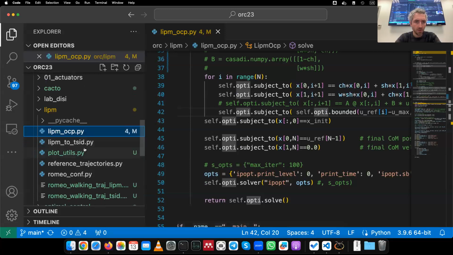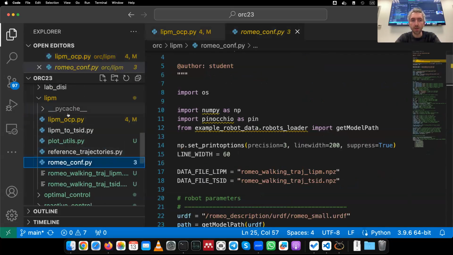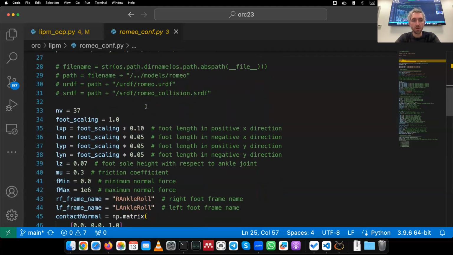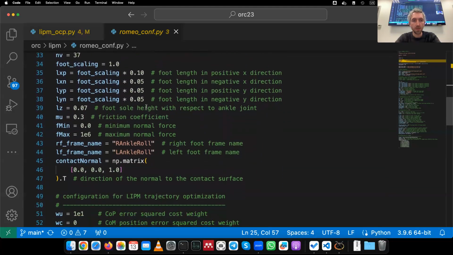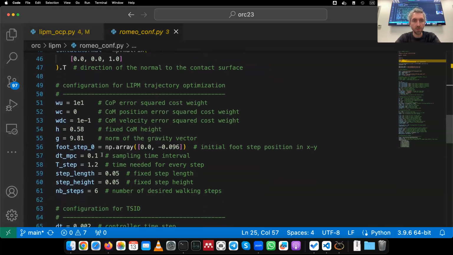We can take a look also at the hyperparameters, which are defined here in this file Romeo conf. Let me see something interesting.